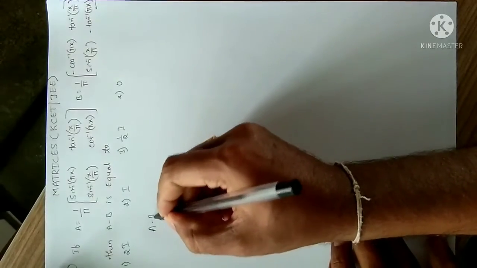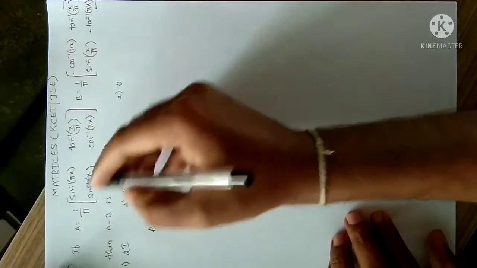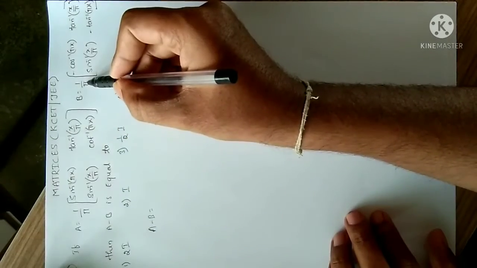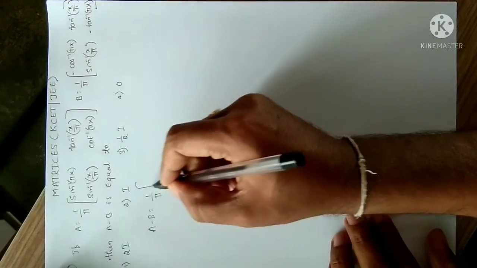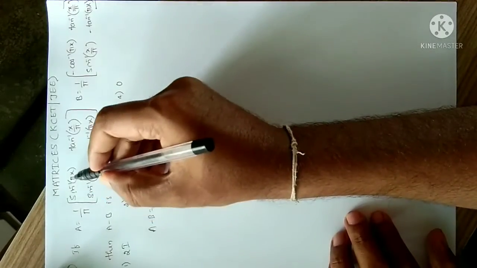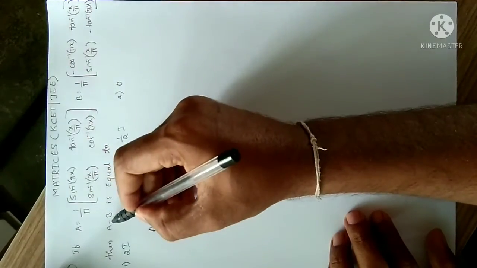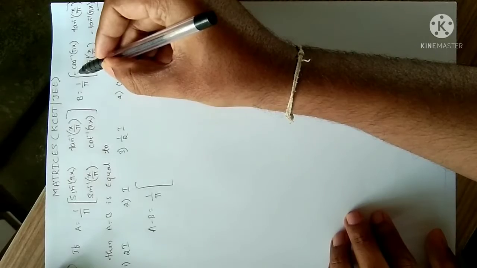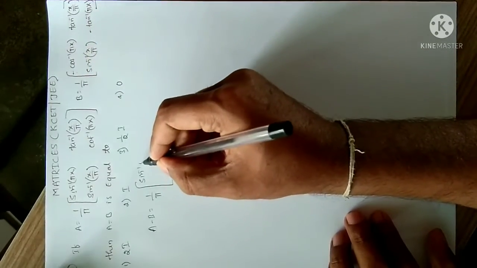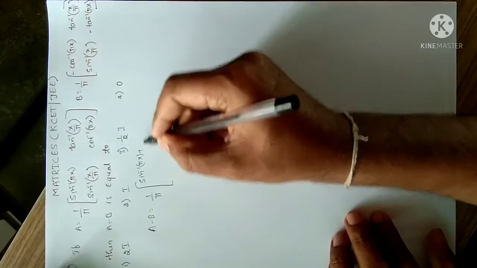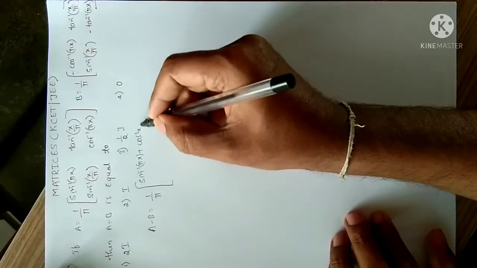A minus B is equal to, on both sides 1 by pi is common, so I will take 1 by pi common from both matrices. Here sin inverse pi x minus of minus, that is a plus, sin inverse pi x plus cos inverse pi x.